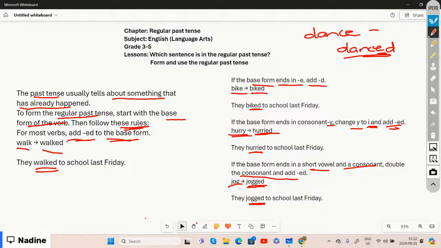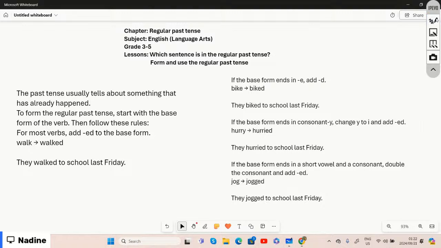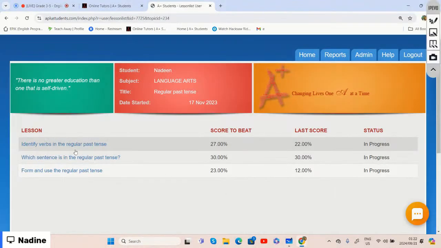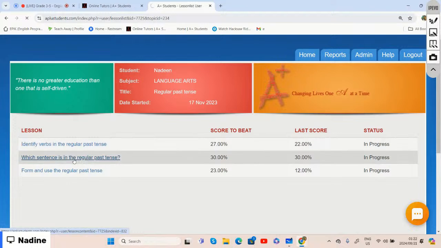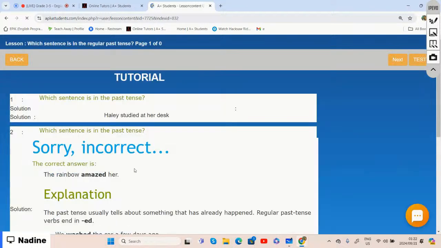All right. So now we're going to a+students.ca, and then we're going to continue with our lesson on regular past tense, and then we're going to our test. And when we are on a+students.ca, we're going to say which is in the regular past tense.